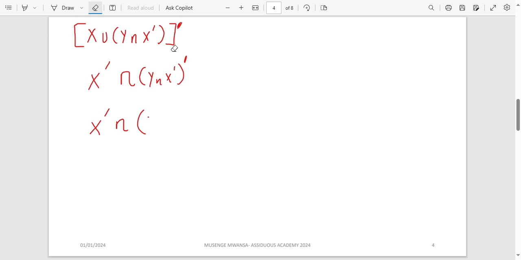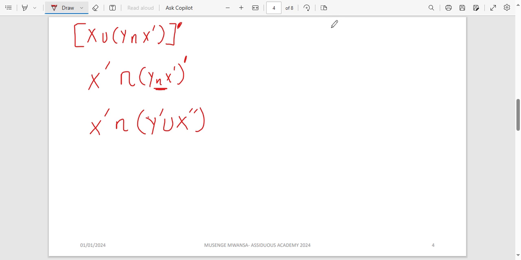So what we are going to have is this. We are going to have y with a complement, and then we are going to have x. Remember x has a complement, so it will have another complement. What will happen to this sign here? It becomes a union. Very good.